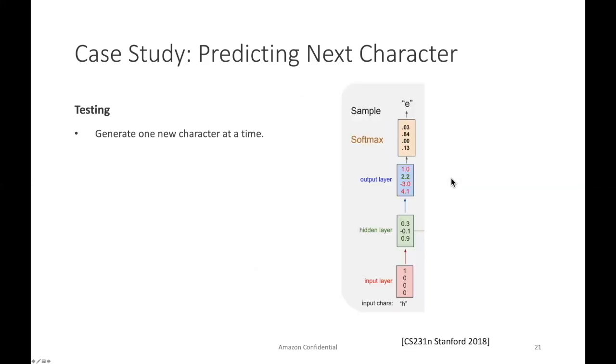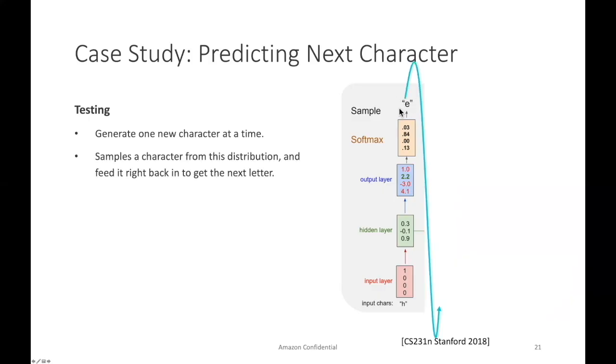So how do we test this? For testing, we start with one letter, and then we try to get the next letter. Whatever the output is, we normalize it with a softmax distribution. We get the next letter, and then we feed it into the RNN again, along with the hidden state from here.